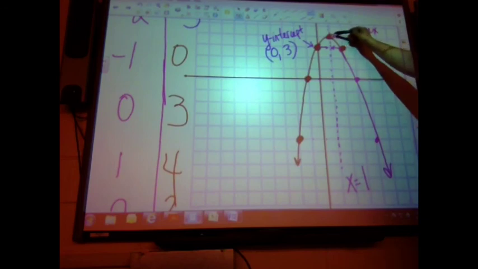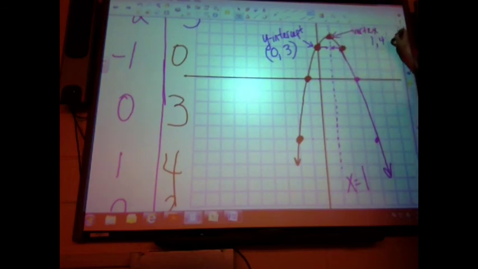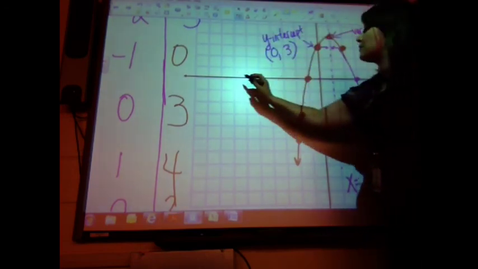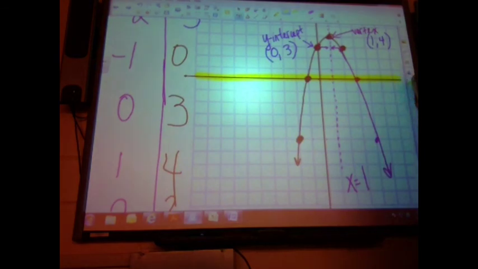Here's my vertex. The coordinate for my vertex is over 1, up 4. And then I have what's called x-intercepts, and we haven't talked about those yet because our other 2 graphs didn't have any. X-intercepts are where your parabola crosses the x-axis. So you might remember that this line is the x-axis.